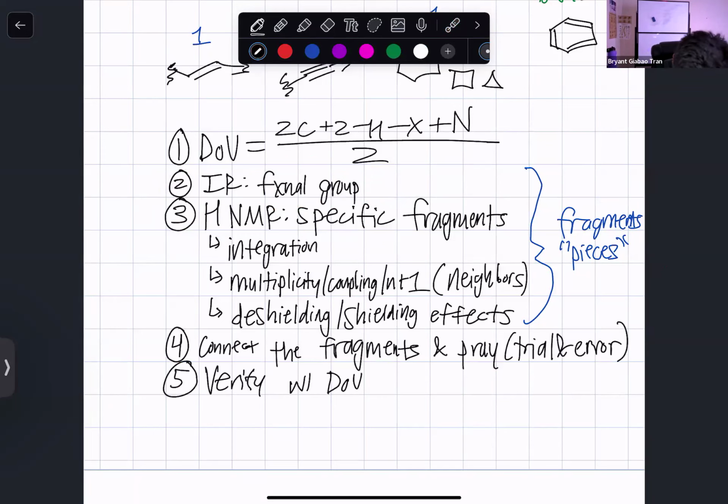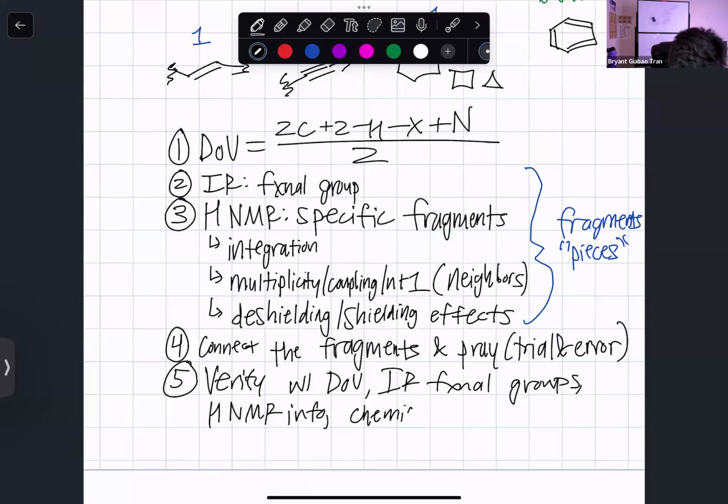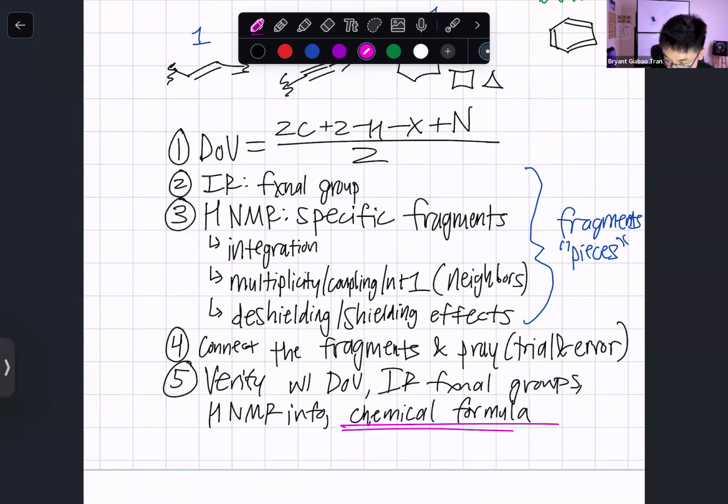With the DOU, the IR functional groups, the HNMR information, the chemical formula. That's the first thing that I use to verify, right? Because this chemical formula will tell you how many carbons you have left, how many oxygens you have left, how many hydrogens you have left.